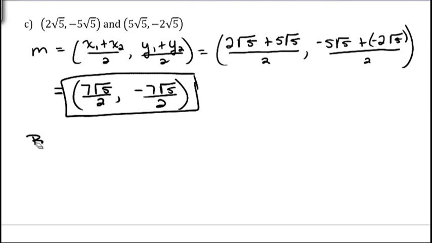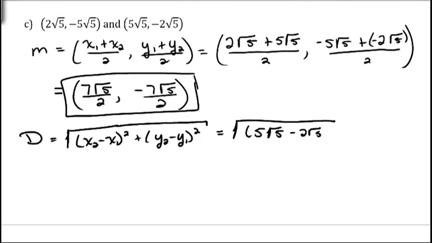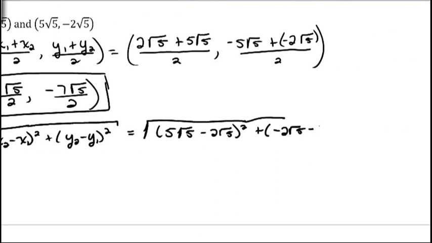Next, we'll find our distance. Again, it's x2 minus x1 squared plus y2 minus y1 squared. So we have the square root, and then we're going to do 5 square root of 5 minus 2 square root of 5, and then square it, plus negative 2 square root of 5 minus a negative 5 square root of 5.